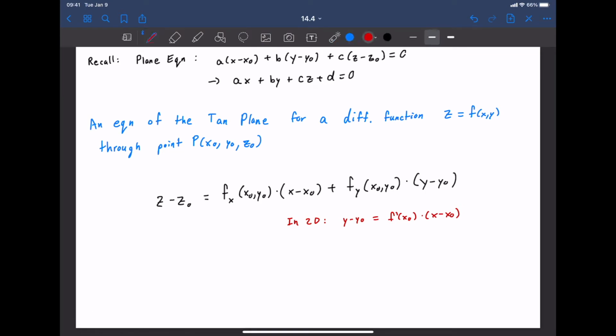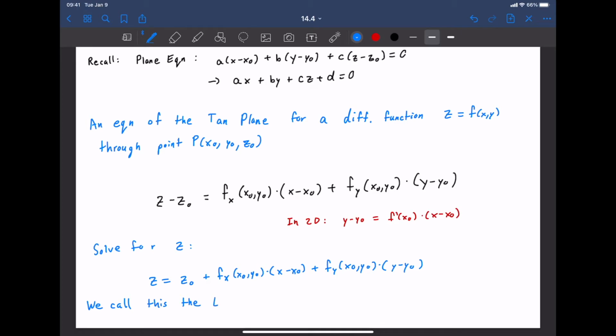I also want to say we can solve for z. If you solve for z, we can get z, it's usually written in front, z naught plus f sub x at that special point, x minus x naught, plus that same y stuff, and we can call this the linearization, fancy term, of f of xy at x naught, y naught, z naught.